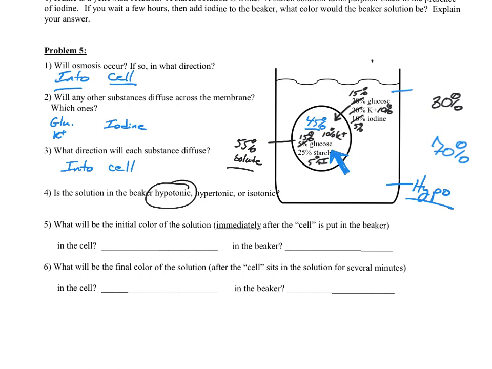In the cell, I'm sorry, that's not true. In the cell, it's going to be clear initially, right? And the beaker is going to be yellow, because iodine's yellow.